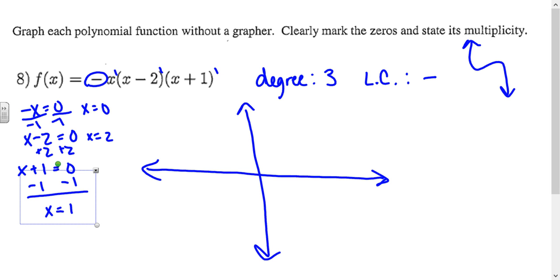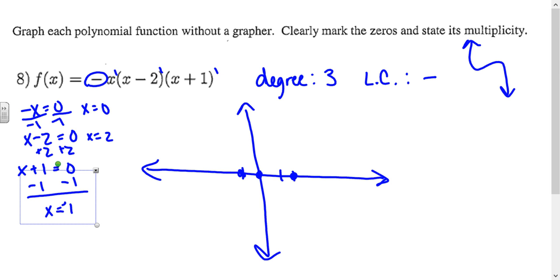So we know that our zeros are going to be 0, 2, and, oops, that should be -1. -1 and 2. So I'm going to mark all of those on my graph and see what they're supposed to do. Now I know the end behavior is supposed to be up on the left and down on the right. And then remember how we talked about if the zero crosses through the x-axis or if it just touches the x-axis.